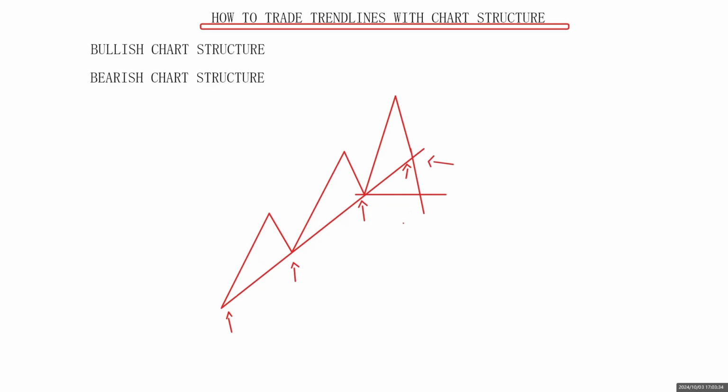Now, in collaborating trend lines with chart structures, first of all, we've seen a break of a trend line. Second of all, what now reiterates our entry and gives us extra confirmation in our already open position at the break of the trend line is prices breaking structure. That is the higher low, this level that we identified right here.